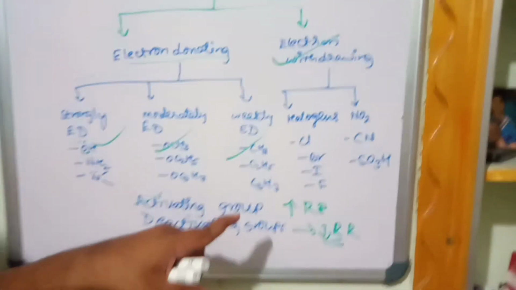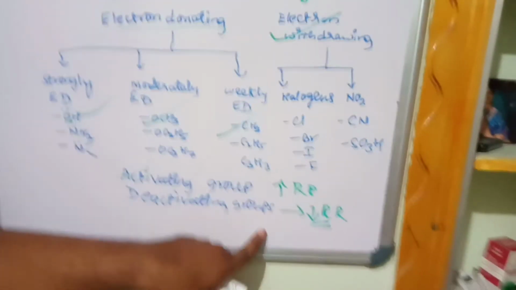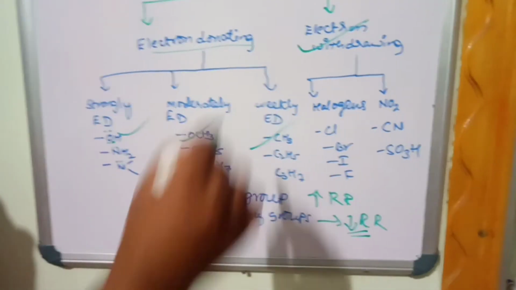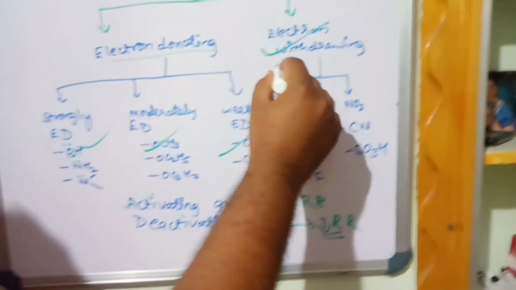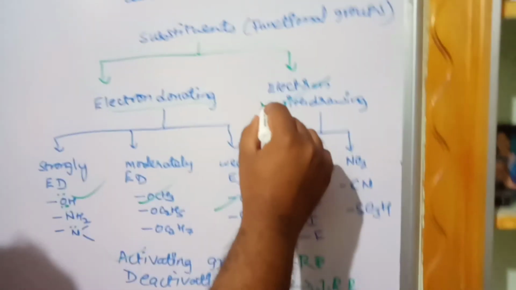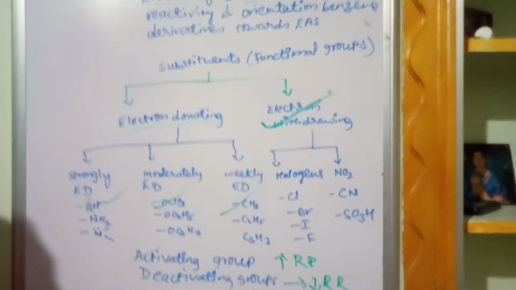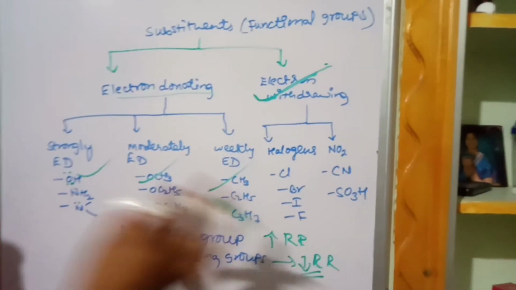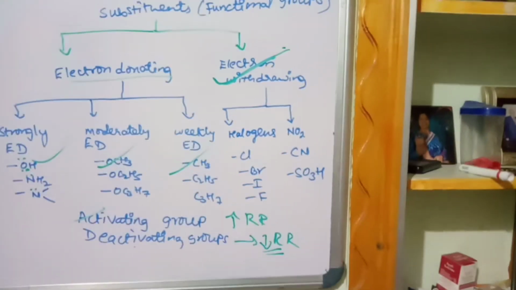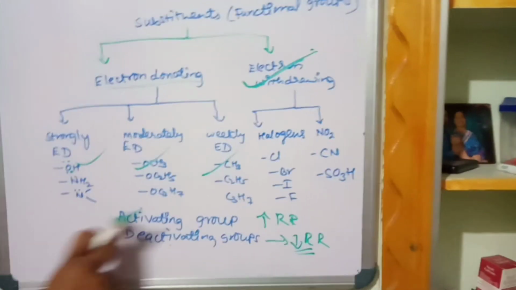Any group which decreases the rate of reaction is called a deactivating group. So the groups which deactivate electrophilic aromatic substitution are the electron withdrawing groups. Activating group means increases the rate of reaction.